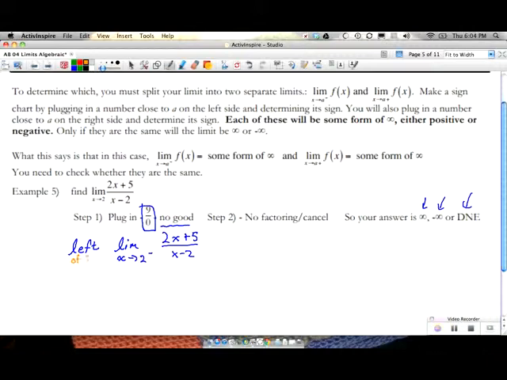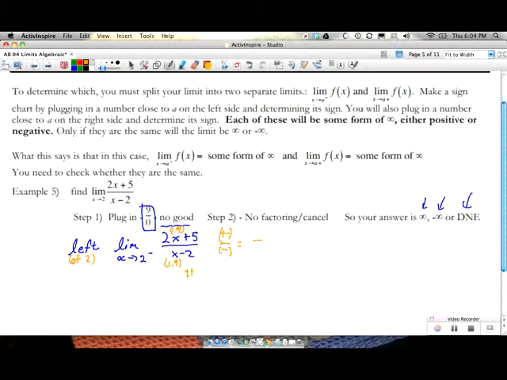How about 1.9? If I plug in 1.9, the top, 2 times 1.9 plus 5, is a positive number. And on the bottom, that's going to be a negative number. And a positive divided by a negative is equal to a negative.